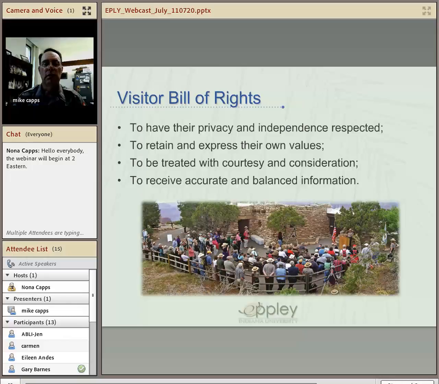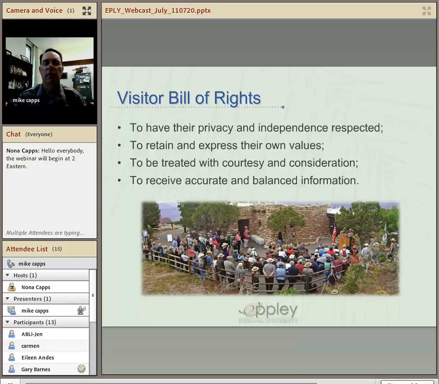And they have the right to receive accurate and balanced information. We have a certain legitimacy just by virtue of putting on the uniform, I think, a lot of times. There's a certain expectation as far as the quality and accuracy of the information that people expect to get when they come to a national park.